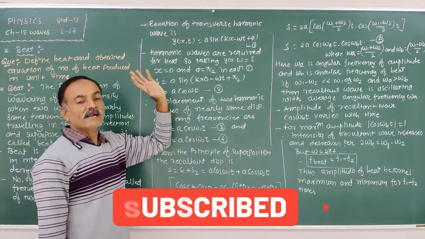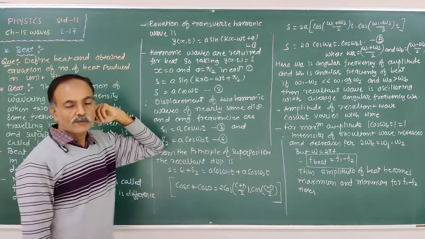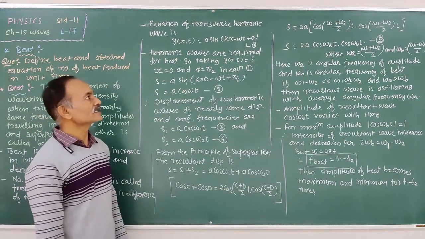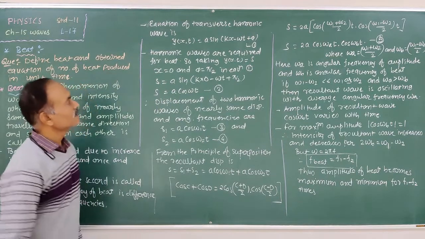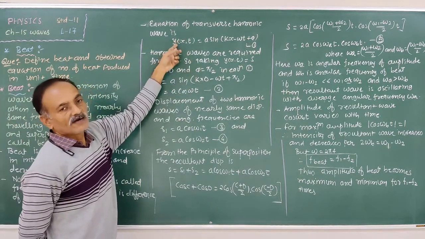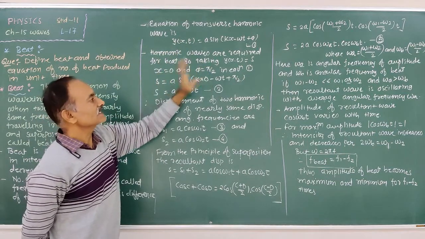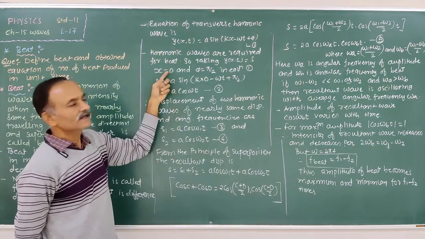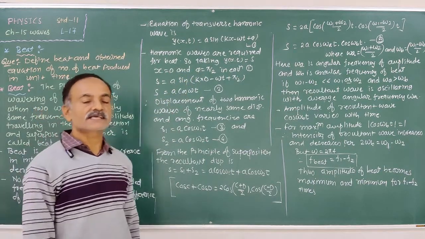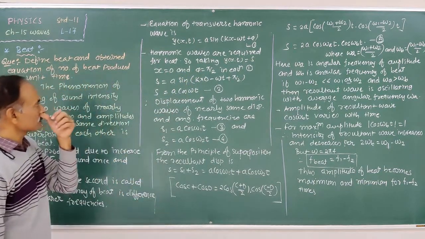Harmonic waves are required for the beat. To produce the beat, the harmonic wave is required, not the transverse wave. Therefore, we take y(x,t) as s, that means the displacement. We take x equal to 0 and initial phase φ equal to π/2 in this equation.